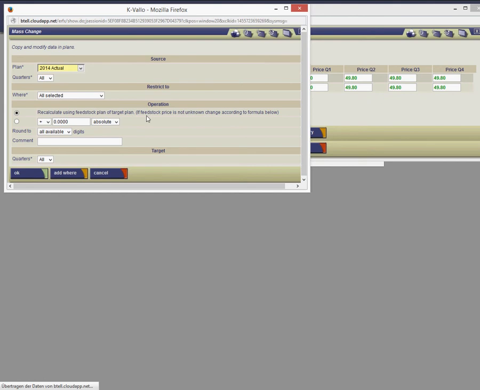So that means when the feedstock plan increases, the conversion, which is 0, is put on top, and that means the products which relate to this feedstock are automatically recalculated.